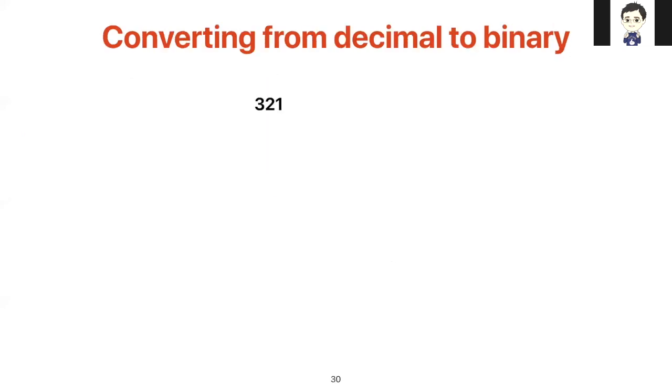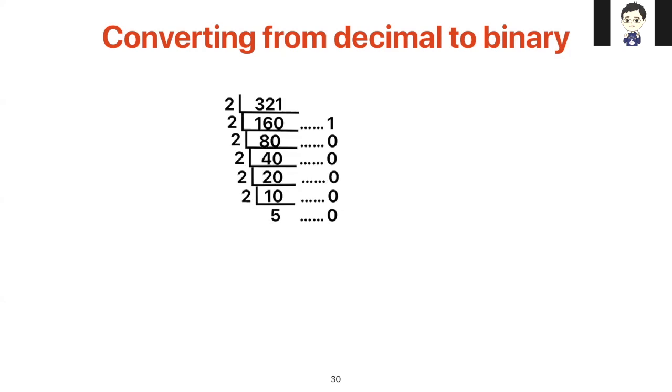If we want to convert a number from decimal to binary, this is what we are going to do. If you don't remember, let me go through this example real quick. First of all, you divide the given number by 2, and if the remainder is 1, keep it here, then divide by 2 again and keep the remainder, until you reach 1.